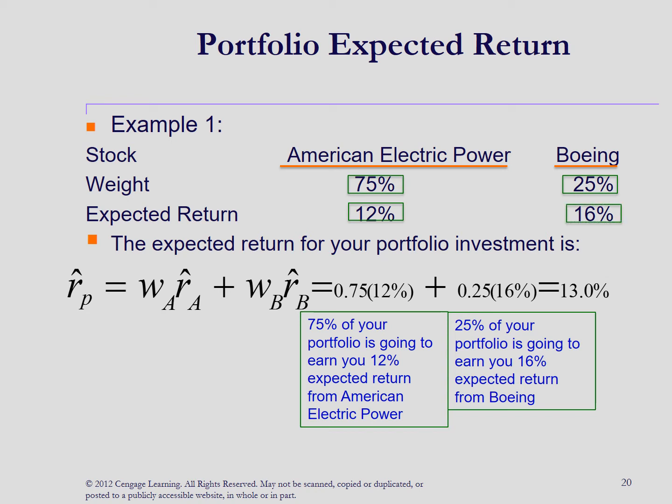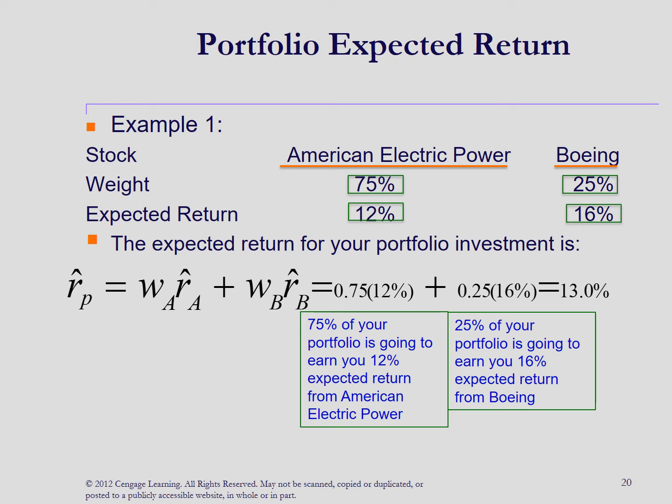The expected return for your portfolio consists of 75% of expected return from American Electric Power and 25% of expected return from Boeing. That is, 75% of your portfolio is going to earn you 12% expected return from American Electric Power, and 25% of your portfolio is going to earn you 16% expected return from Boeing.